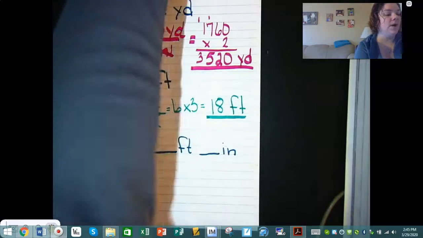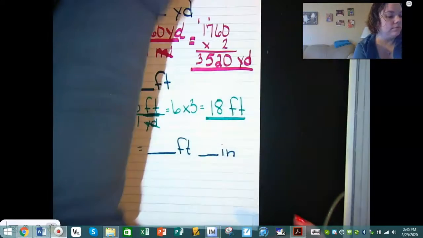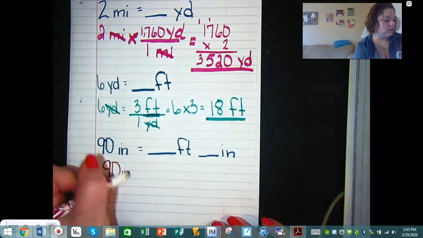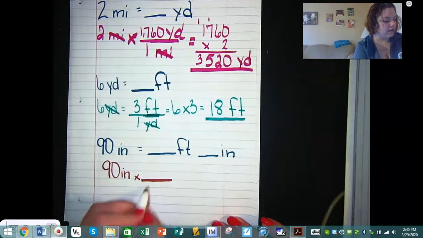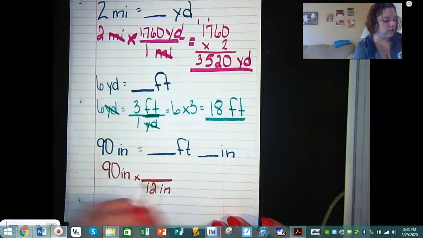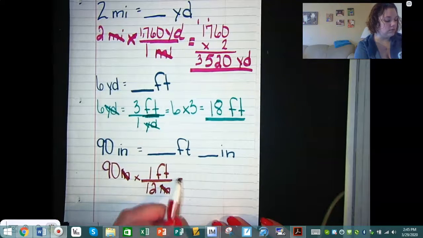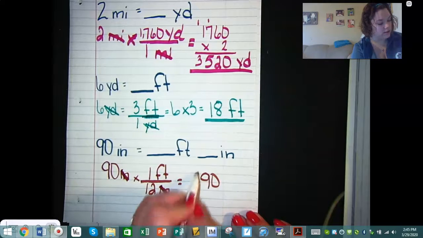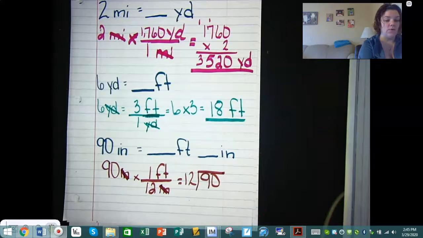When we set up our problem, it'd be 90 inches, and just like fractions, we know that there are 12 inches in 1 foot, so our inches are crossed out. That'll be 90 divided by 12. How many times can 12 go into 90?